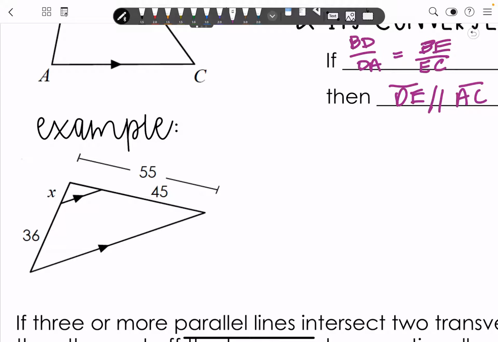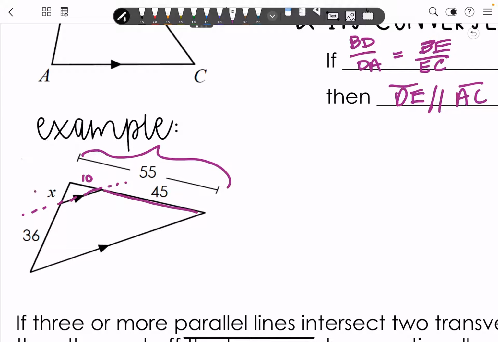Okay, so this first one, notice I'm going to use this to make my line, this parallel line. I don't know what that tiny part is, but I can figure out, since this entire part right here is 55, and this big part is 45, I know that this is 10.